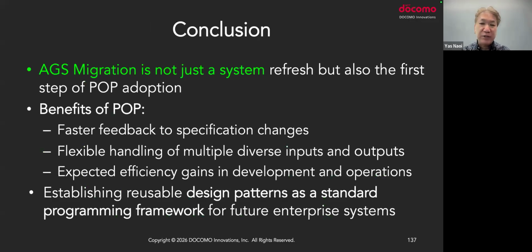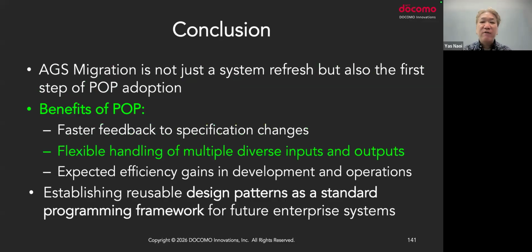AGS migration is not just a system refresh, but also the first step of POP adoption. The benefits of POP are, first, fast feedback to specification changes. Rules can be updated by simply editing YAML.